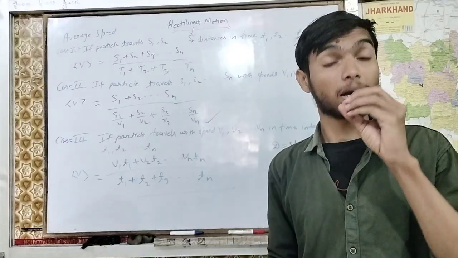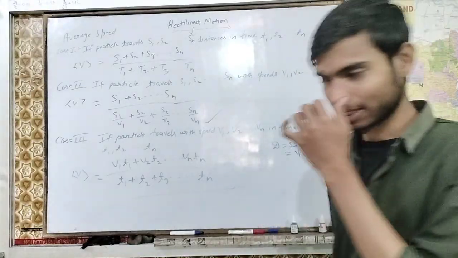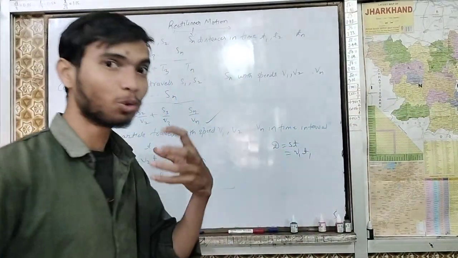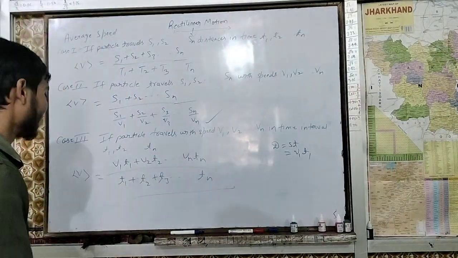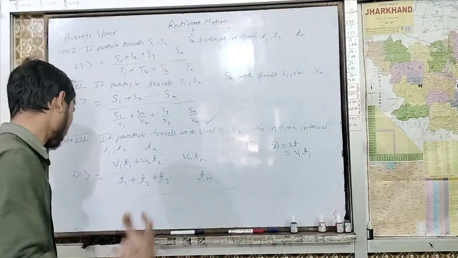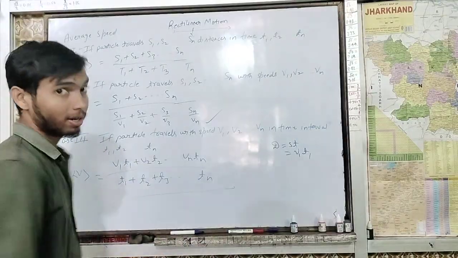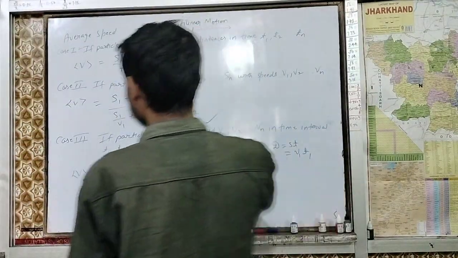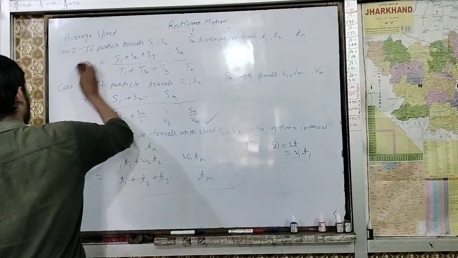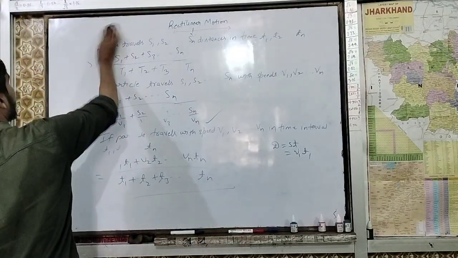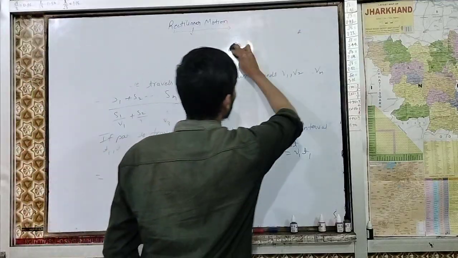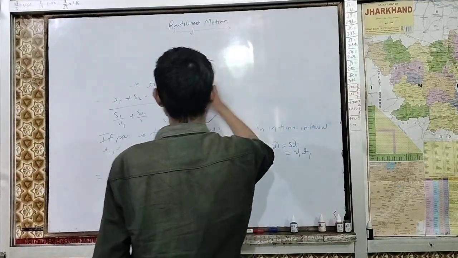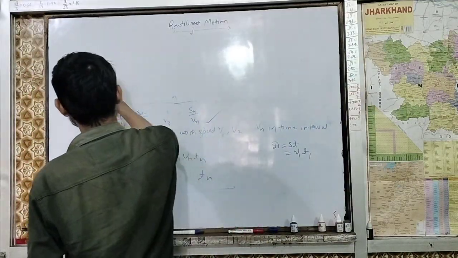The reason is the symbol is the same. So you need to write the word speed. Even I will get confused. So let me avoid your confusion.